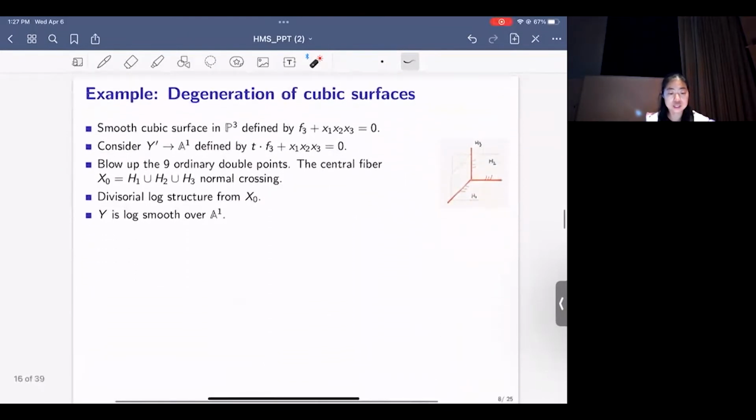So here is an example. Suppose we are considering a degeneration of a cubic surface defined by a degree 3 function f3 plus x1, x2, x0 equals 0.